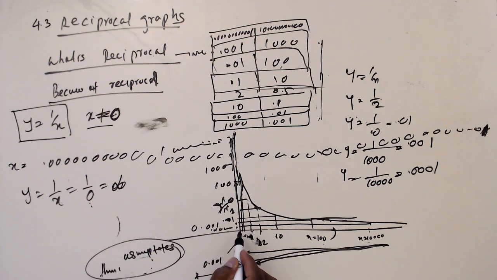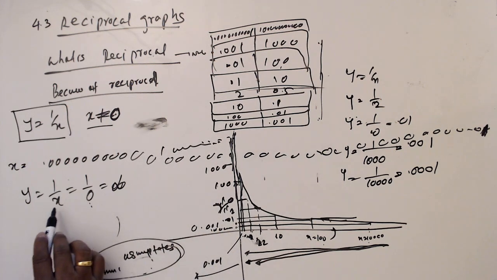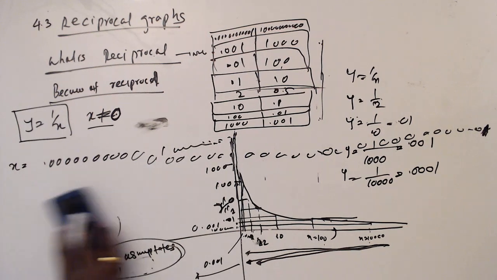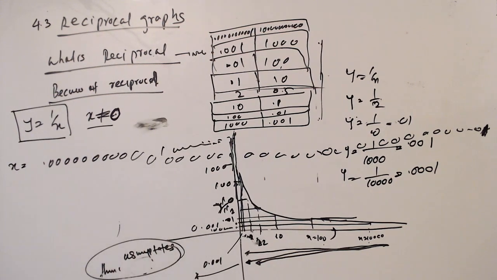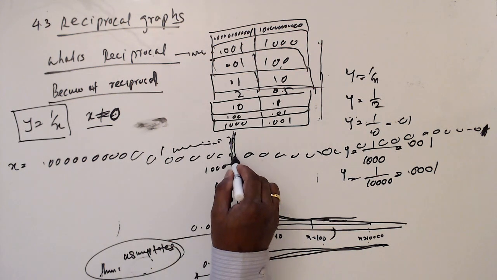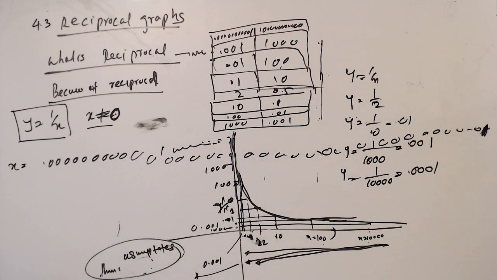It means you can only reach the x equals 0 line at infinity. Hence, this graph will never reach the x equals 0 line, which is an asymptote.